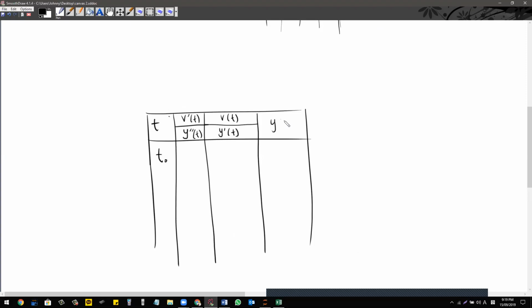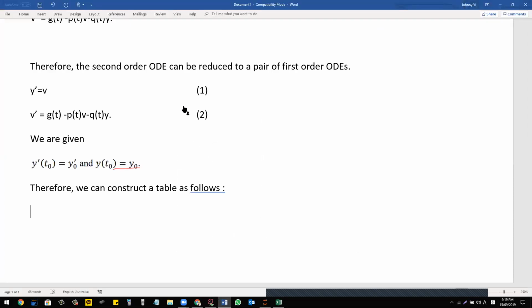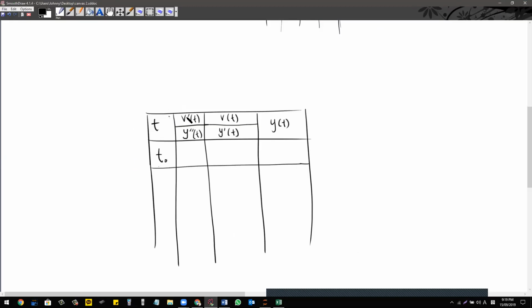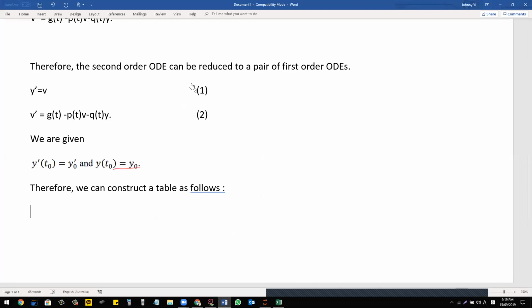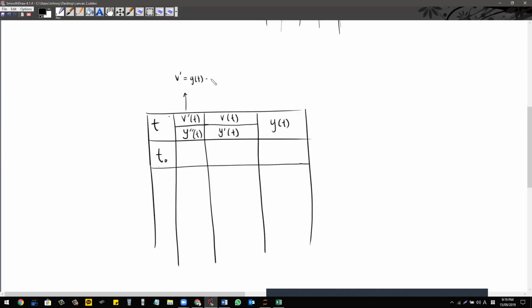And you've got your y of t. And y dash is v, that's right. So they're the same thing, these two. v dash is equal to g of t minus p of t times v of t minus q of t times y of t, right?